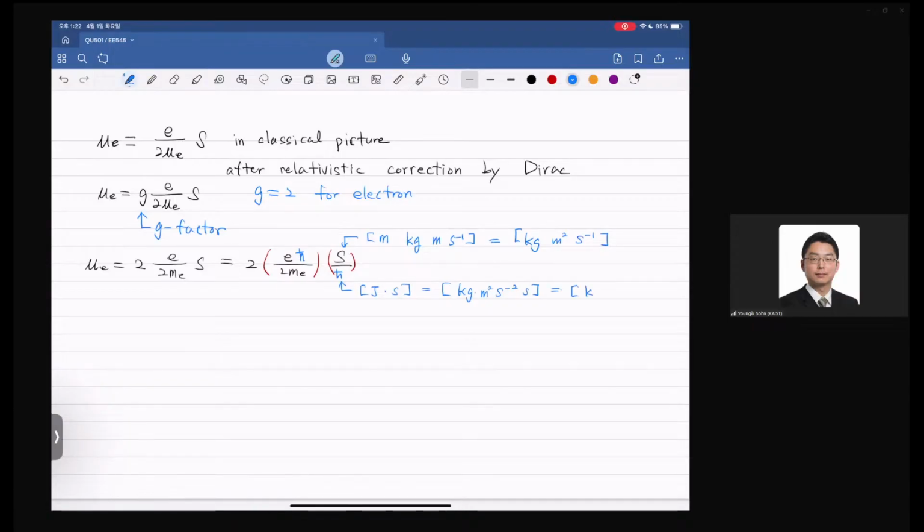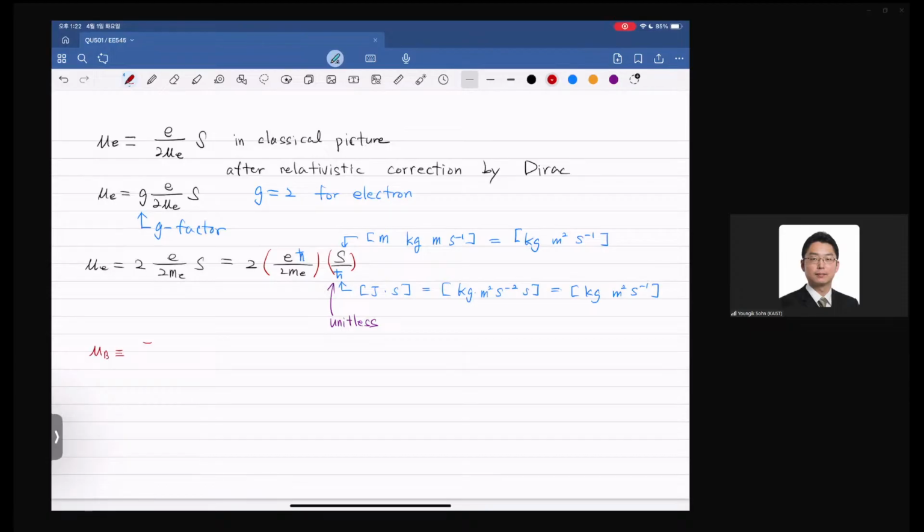So it turns out that it's kilogram, meter squared, second inverse, mass one. So what did you see? Their units are the same, okay? Actually, h bar has a unit of angular momentum. So this one is unitless. Given this observation, it is actually nice to define this thing called mu_B.